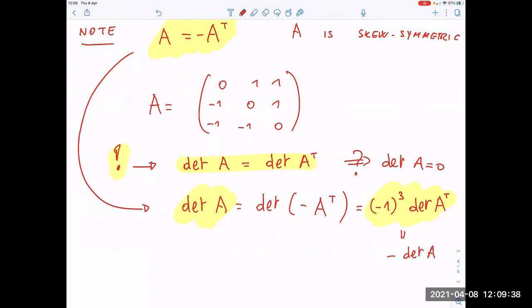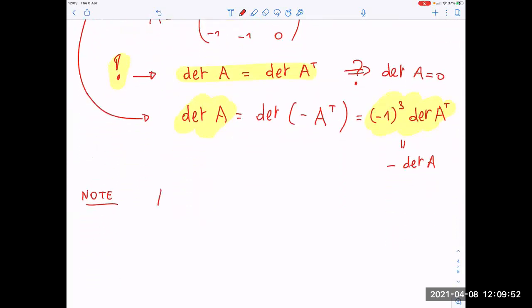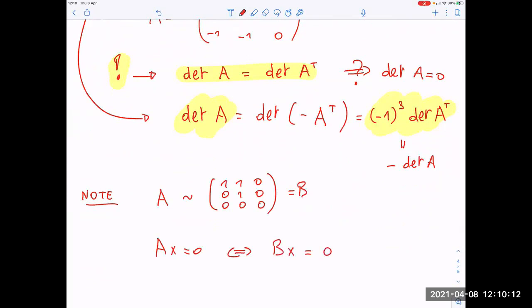But there is also another interpretation that I believe is the one you can fully understand without any further ingredient. Since A is a matrix row equivalent to this one, when you look at the system AX equals 0, this is equivalent to the system BX equals 0, right? Because the two matrices are row equivalent.